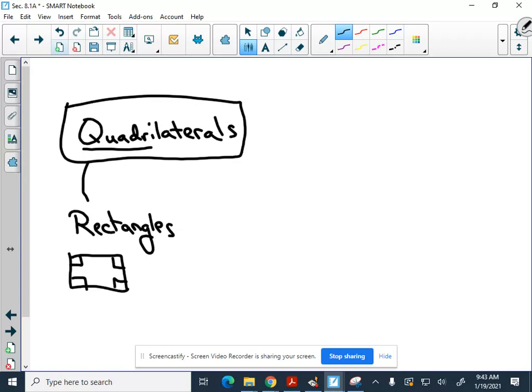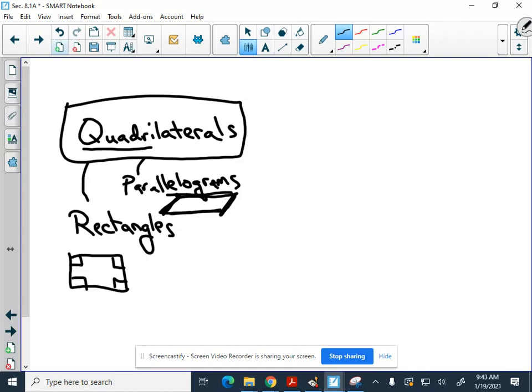Then there's some called parallelograms. You don't have to write this, but this is good just to get an idea here. Parallelograms, the sides are parallel. So this side and this side here, they don't intersect. They're like train tracks. They don't cross. Same thing here. This side and this side don't. But they're not 90-degree angles.